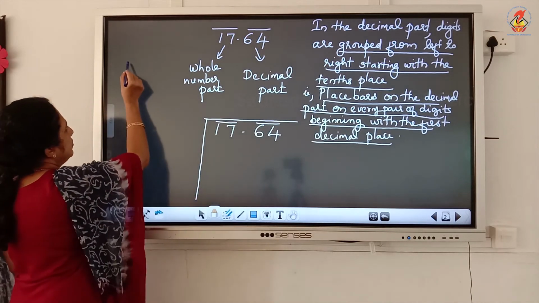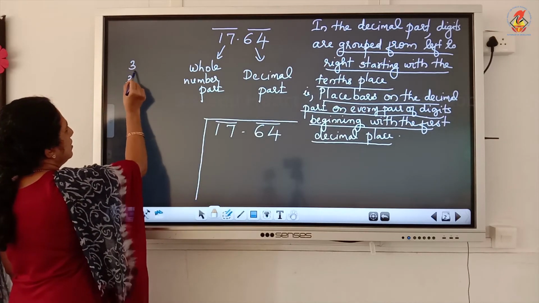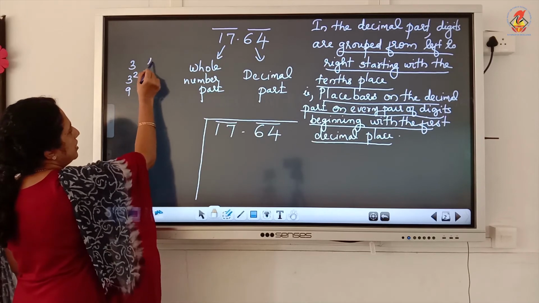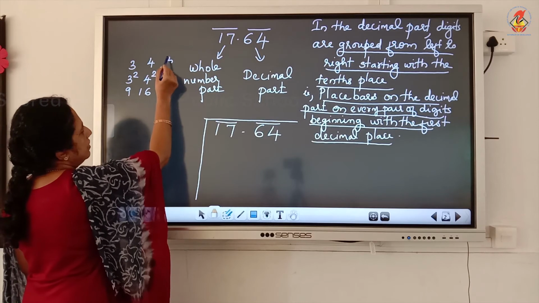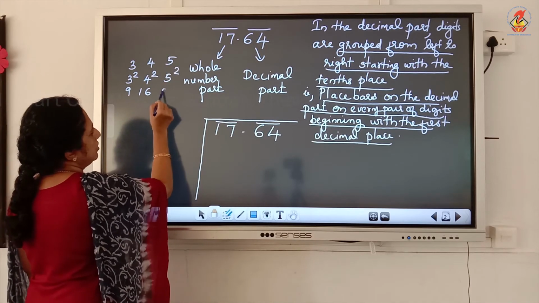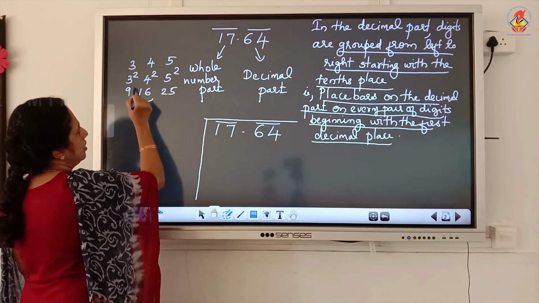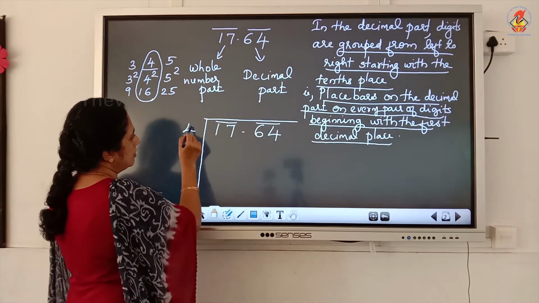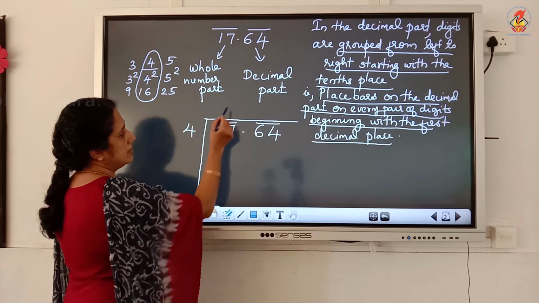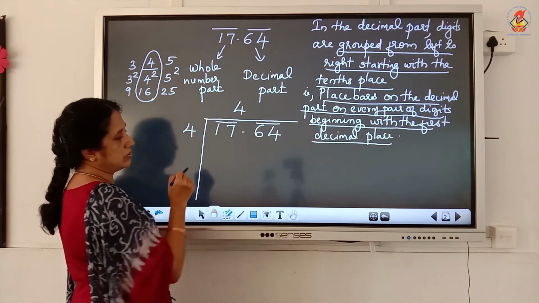Now we know that if you take 3, square is 9. If you take 4, square is 16. If you take 5, square is 25. So which number you have to take? You have to take 4. Therefore write 4 as the divisor and 4 will come in the quotient also.